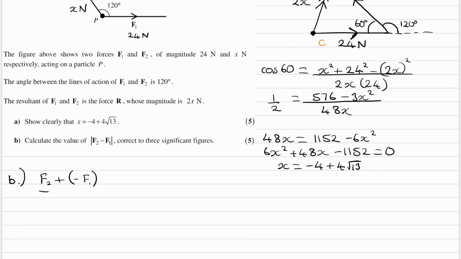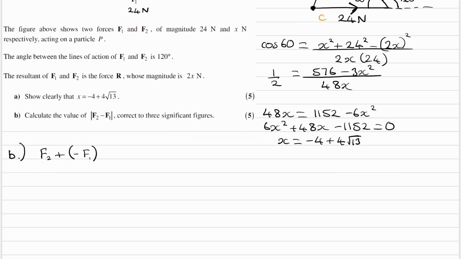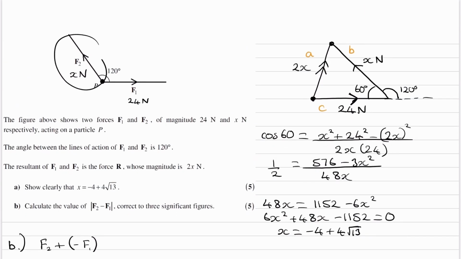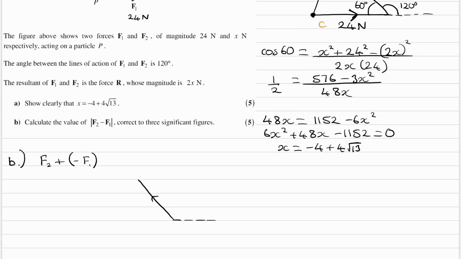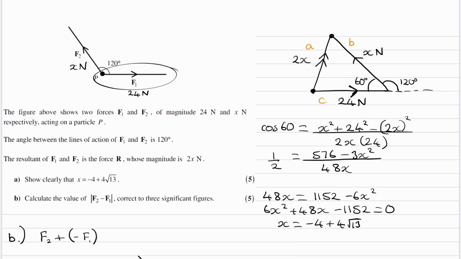So here we can see we're adding two vectors. We're adding F2 and we're adding minus F1. F2 points in this direction. If we think about the diagram that we have up here, this is F2 that points towards the top left. We know that the angle to the horizontal, at least in this direction, is 120 degrees. And then we're adding negative F1. So F1 points towards the right.